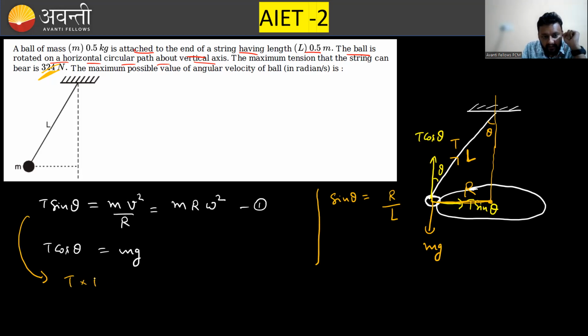Now from equation 1, if I put the values, T sine theta, which is T times R over L, is equal to m r omega square. So this r and r can be cancelled.